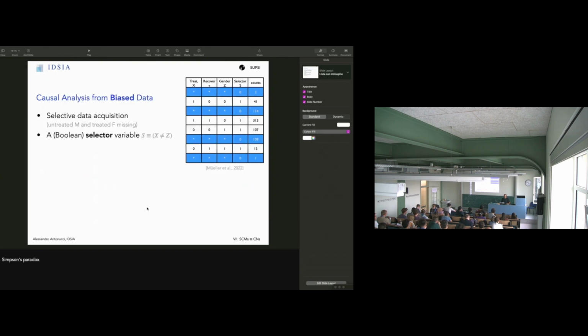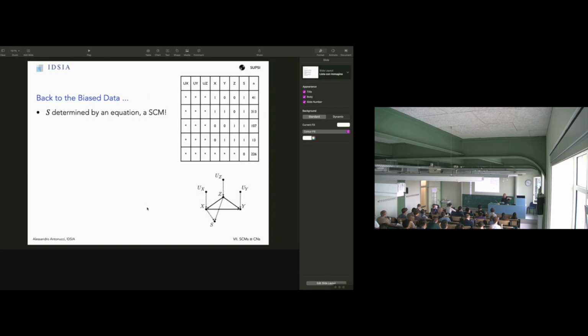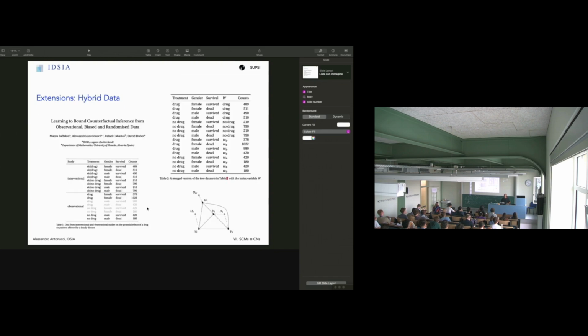So let me just show you, this I'm skipping, this was just about coping with biased data. We were assuming that our data are IID. In some cases you have bias, so for instance some data you cannot observe. And we show that this maximum likelihood approach, the EM, also works for biased data. And this is good because in the same way, you can also cope with hybrid data. Say that you are doing some clinical studies.